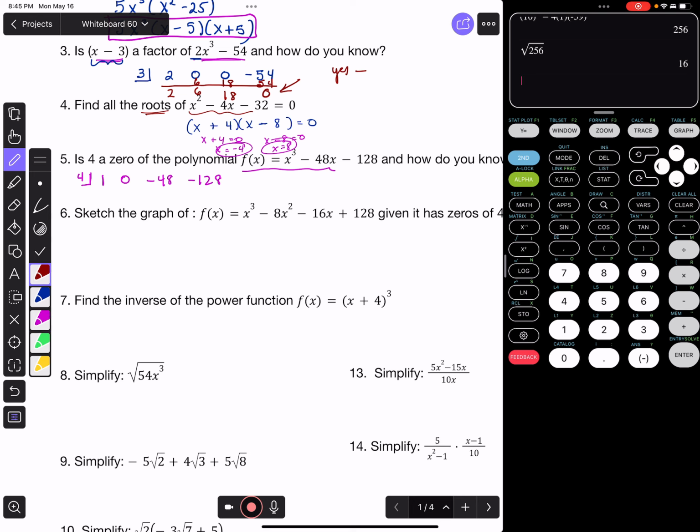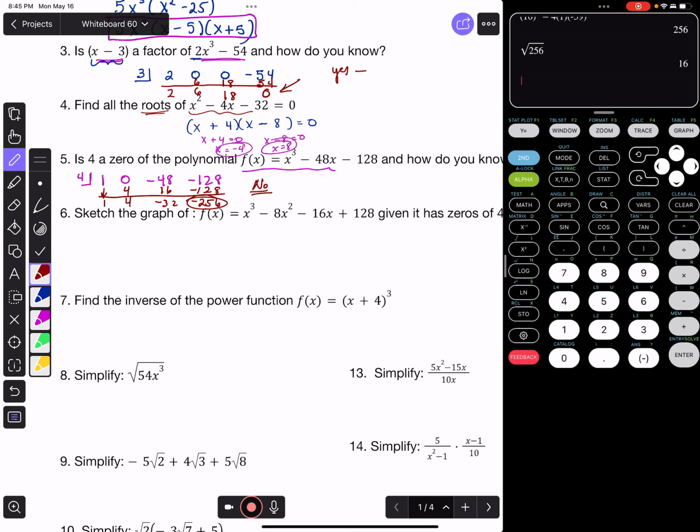And so if this comes up to 0, then we know it is a solution. 1 times 4 is 4, that's 16. 4 times 4 is 16, that's negative 32. That's negative 128. This does not come up to 0. It comes out to negative 256, so we'd answer no, it's not. It did not divide into it evenly.